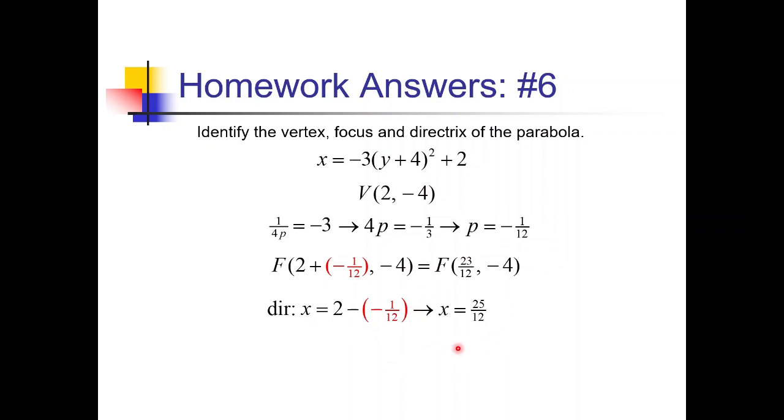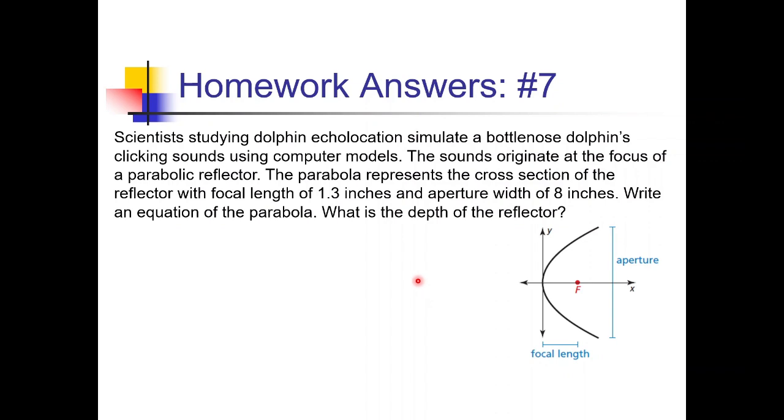So there we are. For our final boss battle on this homework, we have some scientists studying dolphin echolocation, simulating a bottlenose dolphin's clicking sounds with some computer models. The sounds originate at the focus. Here's the focus of a parabolic reflector.